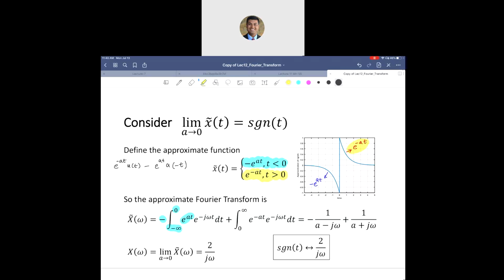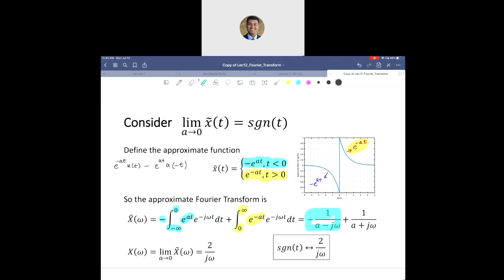The other one, time greater than 0. So the limits are 0 to infinity. The function is e to the minus at, and then the rest is the definition of the Fourier transform, the direct integration. Once you do the integration, substitute the limits, simplify, you get these two things.